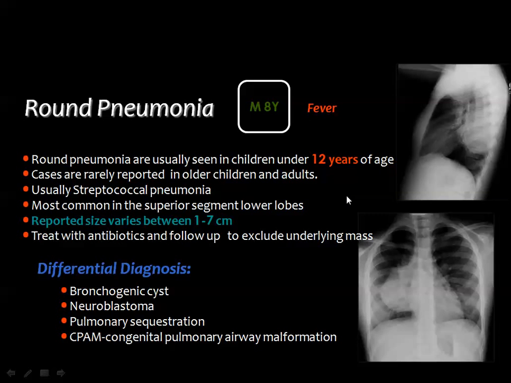Whenever you are going to diagnose this, you know that this is bacterial infection and it is usually treated by antibiotics. The size of the round pneumonia ranges from 1 centimeter up to 7. The 1 centimeter is a nodule and the 7 centimeter is a mass, and the follow-up chest X-rays will show clearance of the mass after antibiotic therapy.